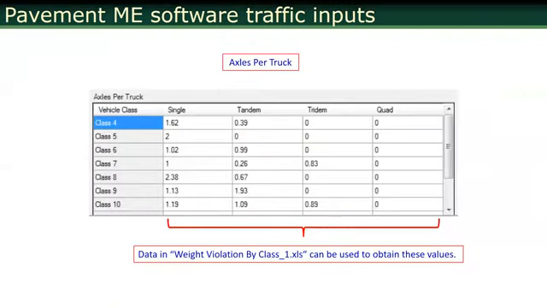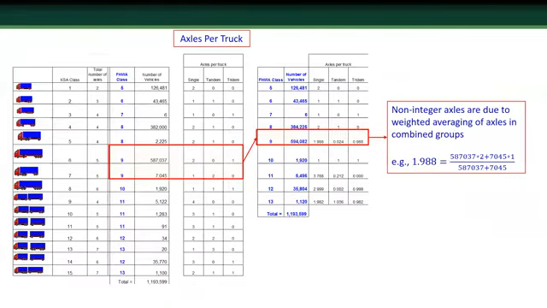Now, next, axles per truck. This is a bit challenging. So how do I do that? This is how we do this. Let's go back and look again at classes 6 and 7. Now, first, you need to label the axles. So if you look at this, there is a single, and tridem.